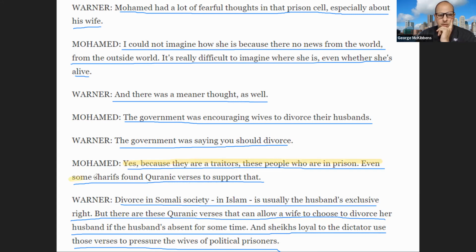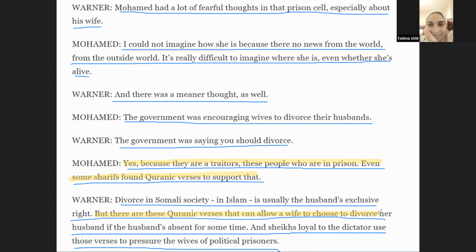Divorce your husbands. Well, how are they supposed to divorce them if they can't find them to get their divorce? Well, tribal leaders figured something out. They made this kind of bizarre, twisted interpretation of the Quran. It says right here, if they're gone for a long time, you can get a divorce without their permission. Well, guess why they're gone for a long time?